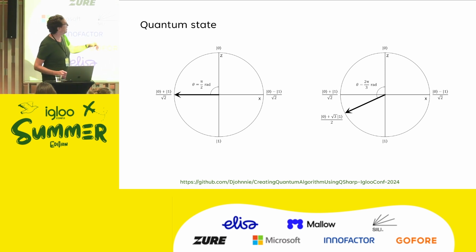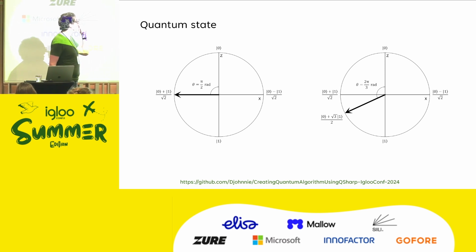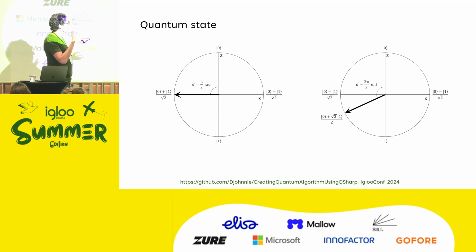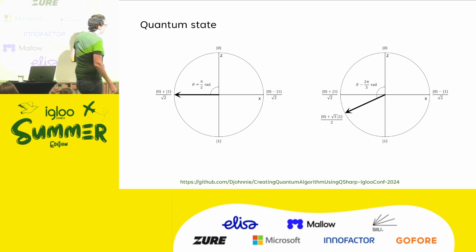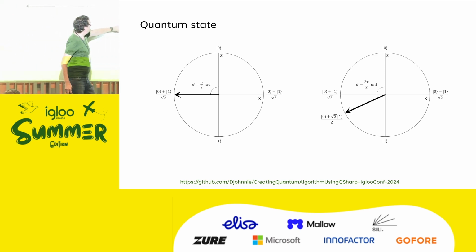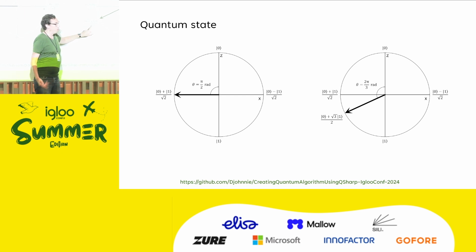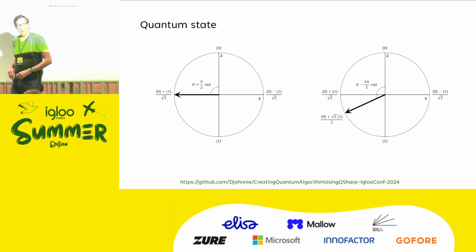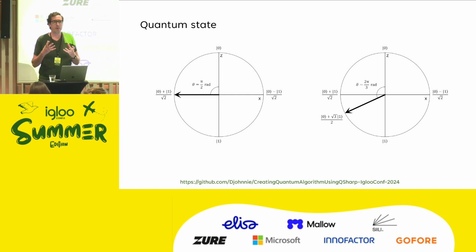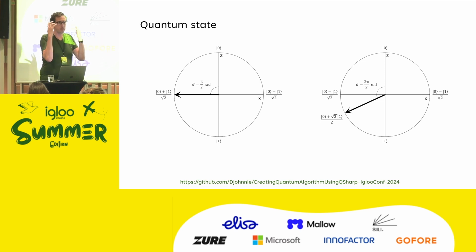If you do it on the right-hand side, where your angle is 2 pi over 3 radians, and you do your sine and your cosine, you will get 1 over 2 and square root of 3 over 2, which is actually 1/4 and 3/4. Which is 25-75%. So this is what you need to know about calculating your probabilities when a quantum bit is in superposition. So it's a little bit more mathematical because, of course, you can't do it from the top of your head.